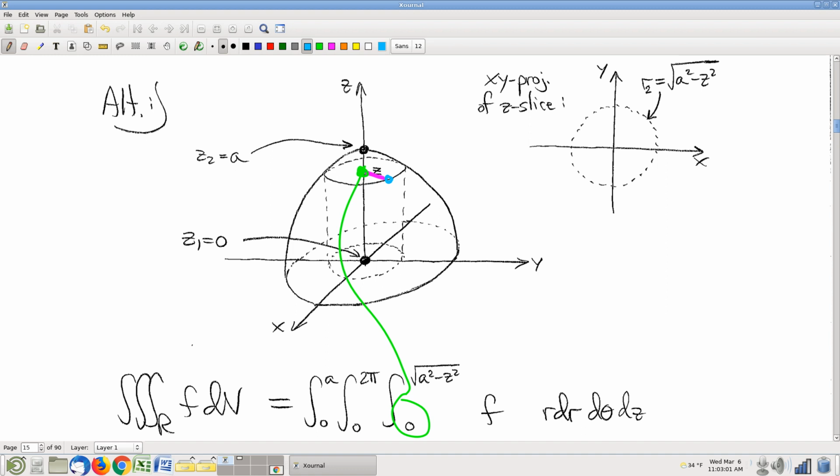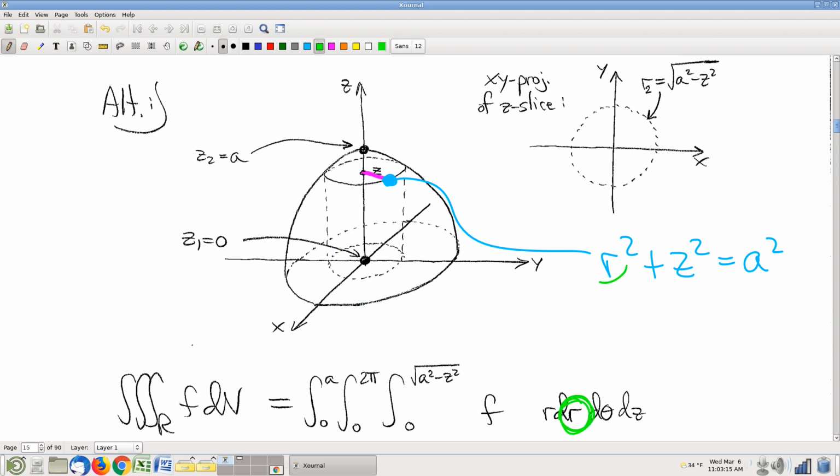R clearly ends on, well, it ends on that point. That point has this equation. We are looking for our R bound. Solve for R in that equation, and you get that as our upper bound. Everybody happy? Okay. All right.